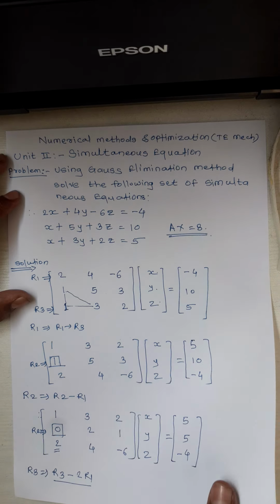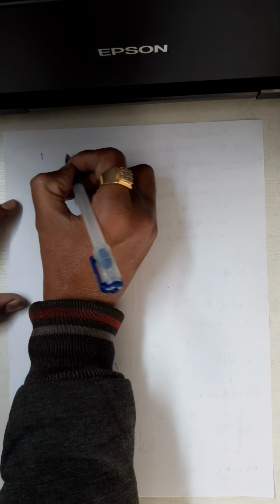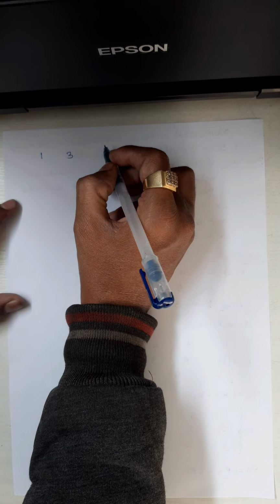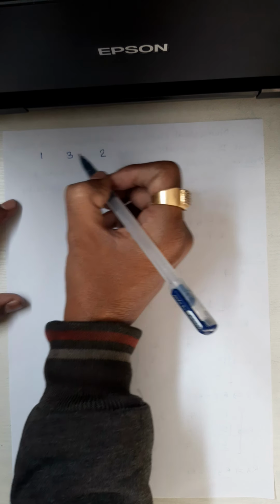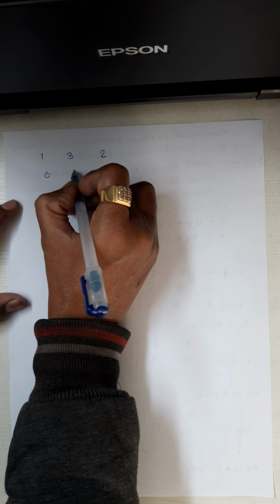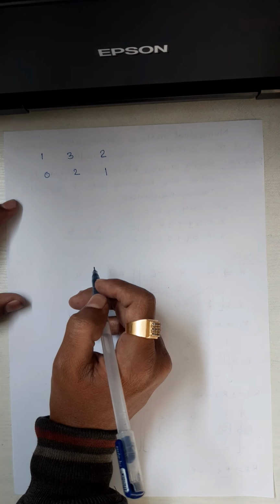So perform the next operation as R3 minus 2R1. First row keep as it is, 1 3 2. Second row as it is, 0 2 1.